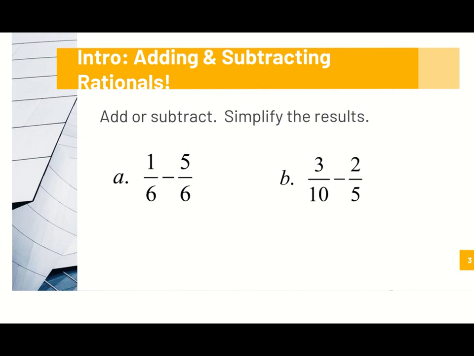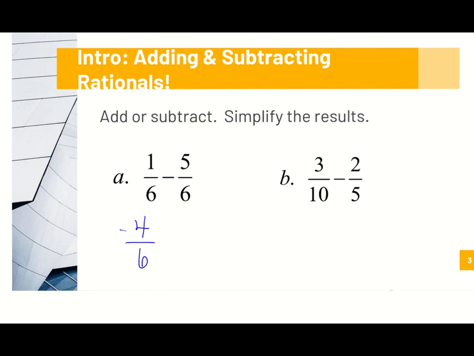We have a common denominator. There's 6 in the bottom of both fractions. When I have a common denominator, all I do is the operation on the top. In this case, it's subtraction. 1 minus 5 is going to give me negative 4. And then the denominator stays the same, your common term, 6.